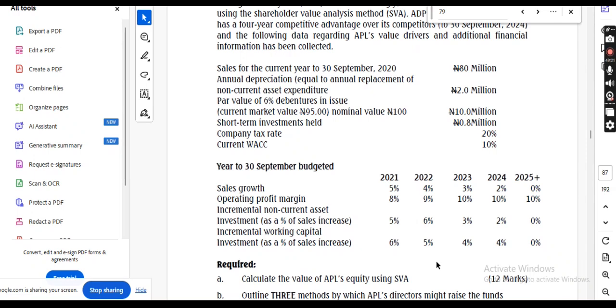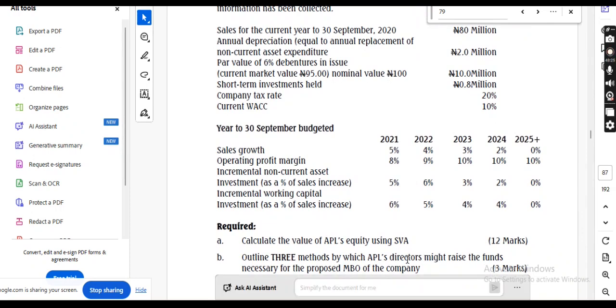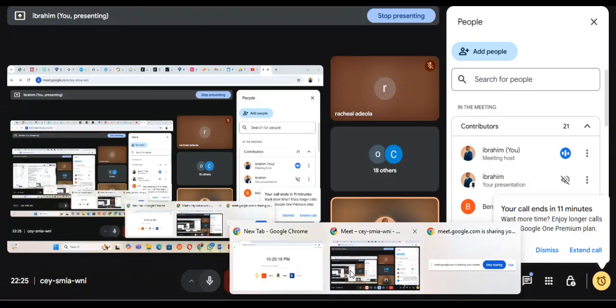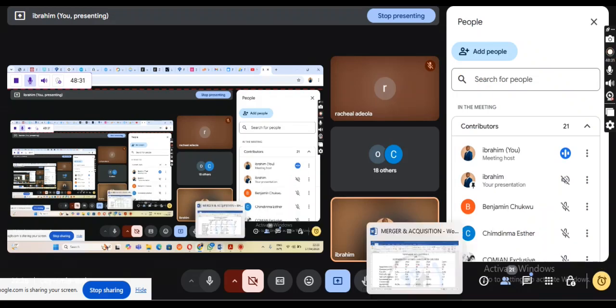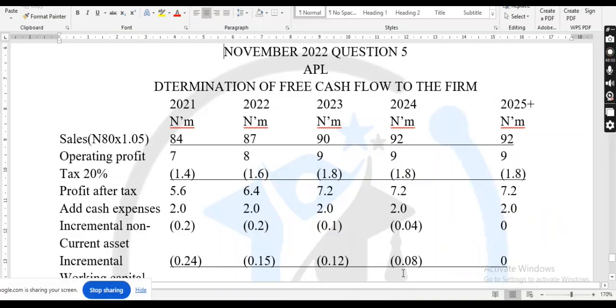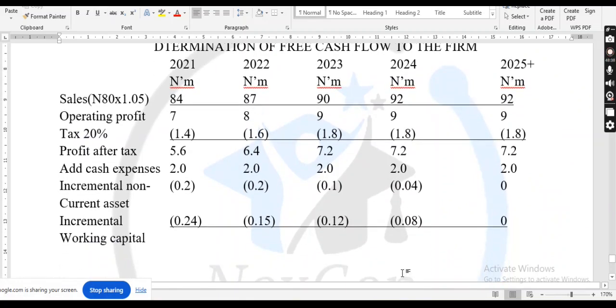So in this case, don't forget, shareholder value analysis is also a technique for valuation of a business. So the question could say, calculate the value of equity.